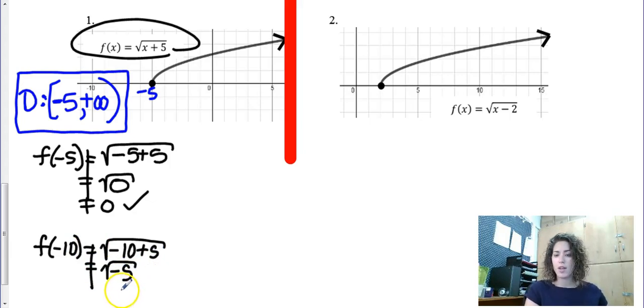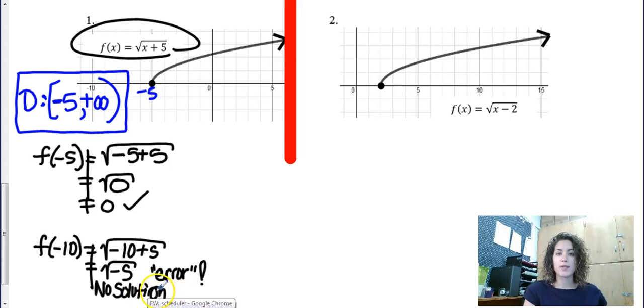Can we do that? If you take out your calculator right now and you try square root of -5, what would you get? It would tell me error, because we cannot take the square root of -5 and get a real number. So we would say no solution.